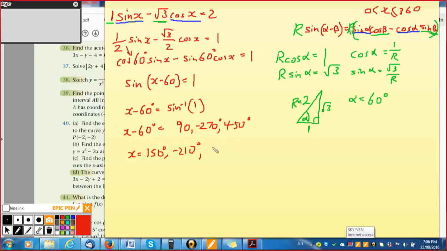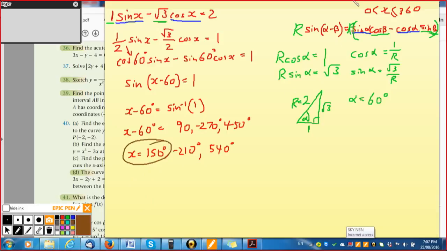And then this one here could be 540 degrees. Now, how many of these three angles are between 0 and 360? One. Which one's that? The first one, so that's your answer, because that's what fits inside that domain.